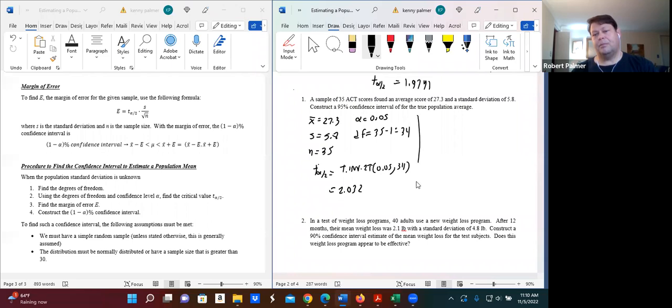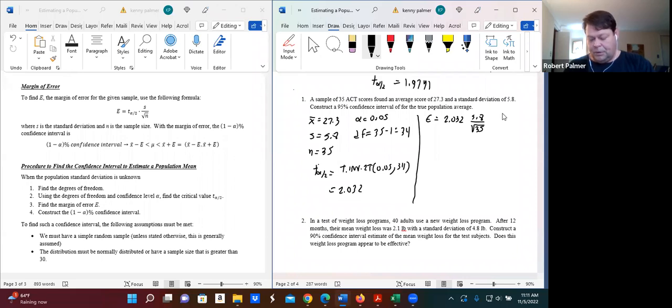Okay. Now, our E is going to be 2.032 times S, which is 5.8, divided by the square root of N, the square root of 35. Actually, let me grab a calculator. I forgot to grab it before.